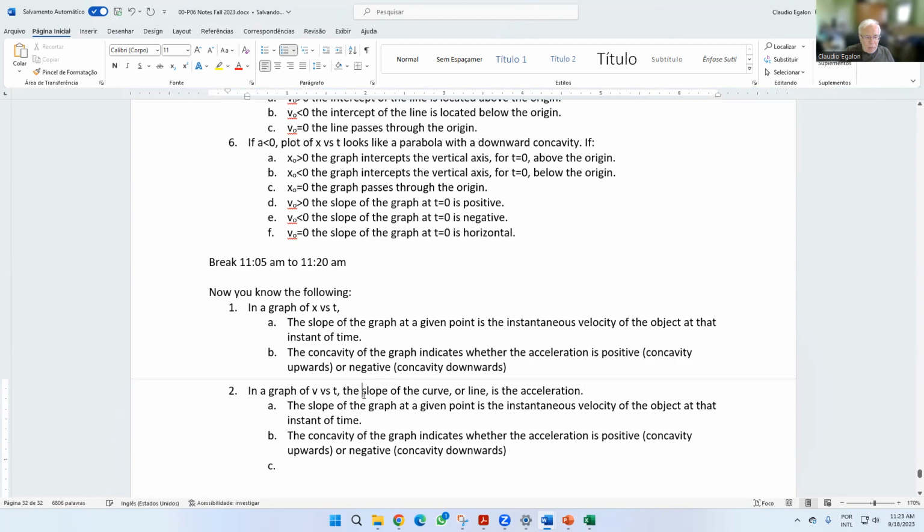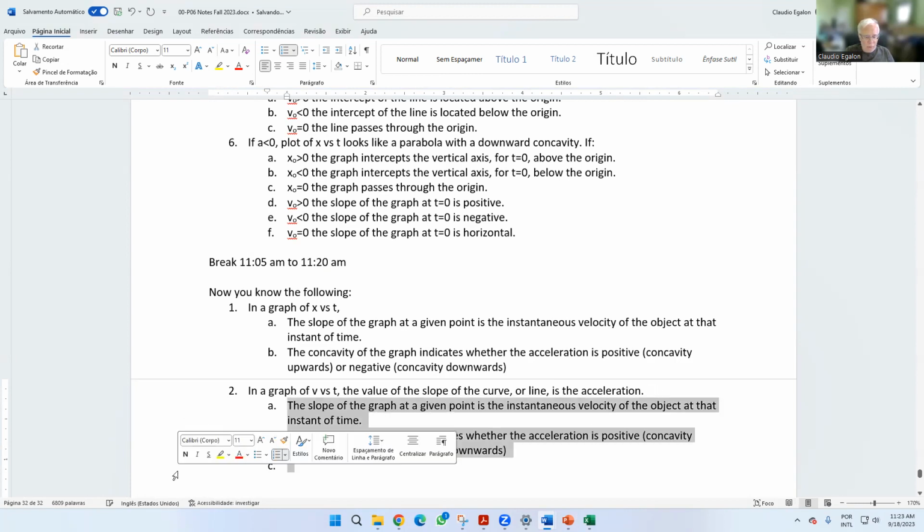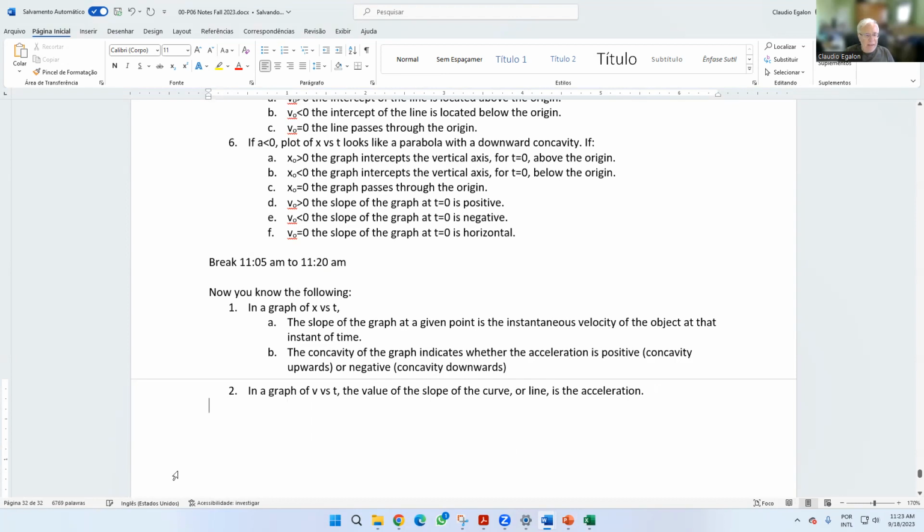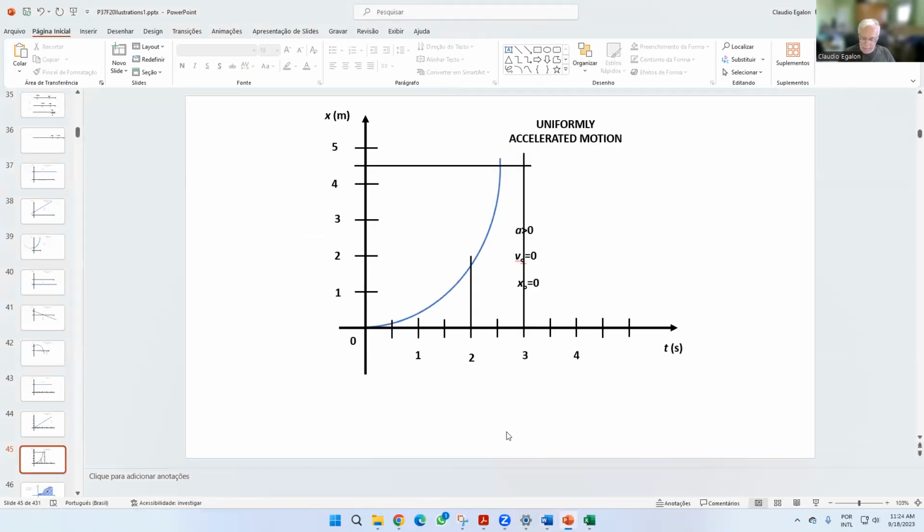The value of the slope of the curve or line is the acceleration. You gotta know that, but there's more. There's one more thing here, right? So let me show you the next.